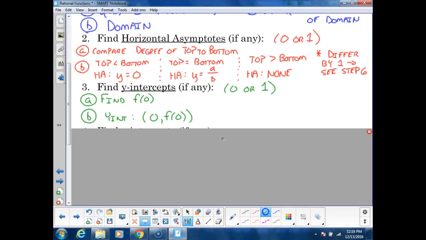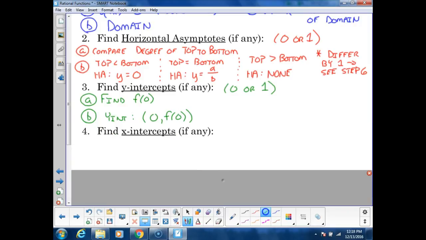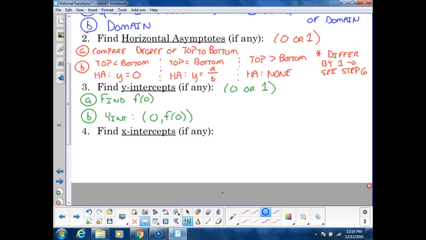Find the x-intercepts is the next one. What do I do to find the x-intercepts? Set the whole top, the numerator, equal to 0. That's where the numerator equals 0.